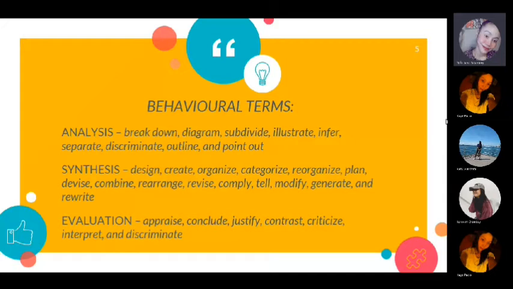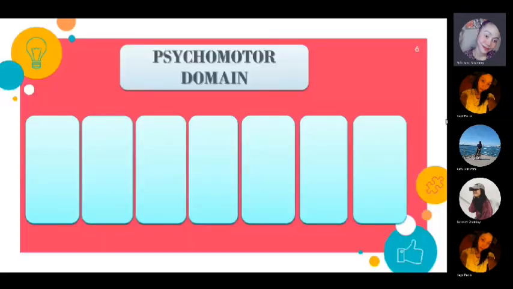Synthesis is design, create, organize, categorize, reorganize, plan, devise, combine, rearrange, revise, comply, tell, modify, generate, and rewrite. So the organization of their knowledge. Evaluation is appraise, conclude, justify, contrast, criticize, interpret, and discriminate. So now let's proceed to the psychomotor domain by Miss K.